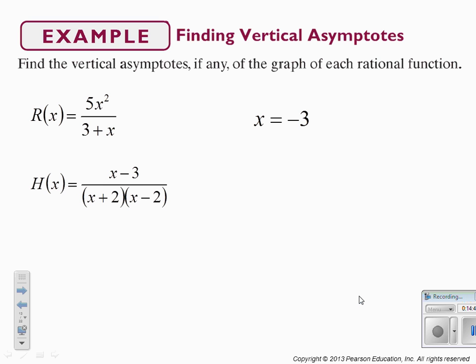H of x is x minus 3 over x plus 2 times x minus 2. So we have two vertical asymptotes, at x equals 2 and x equals negative 2. I'm going to have two vertical lines, usually dashed, to indicate the asymptotes.